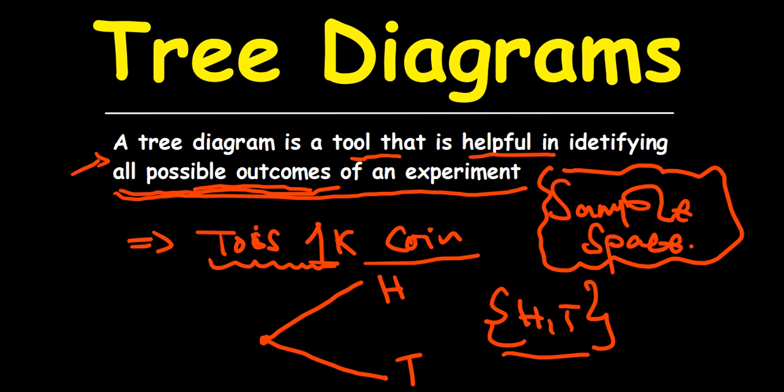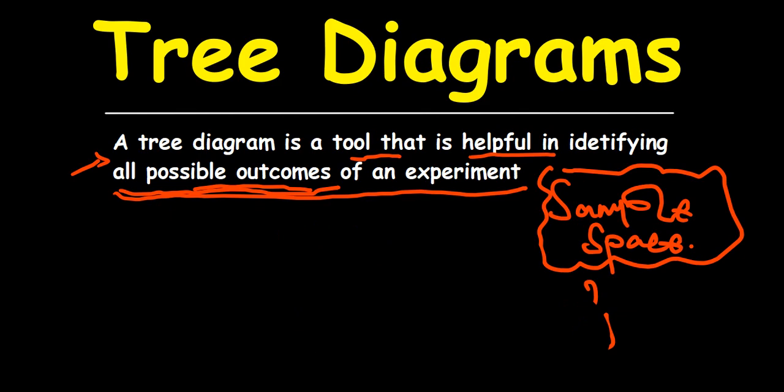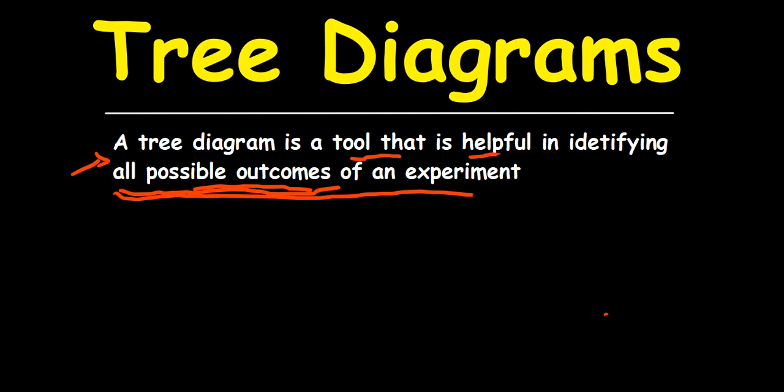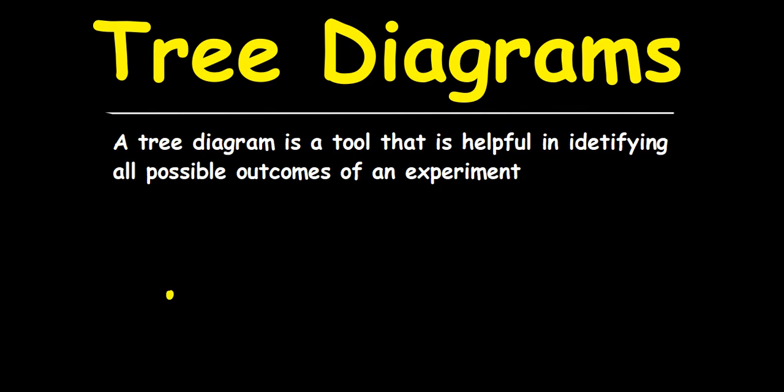And then even if we have more than one toss of this coin, we can still use this concept of a tree diagram. So let's say, for example, you toss your coin twice, and then they ask you to find the total outcomes. If this is your coin, then you toss it for the first time, either you land on the head or you land on the what?